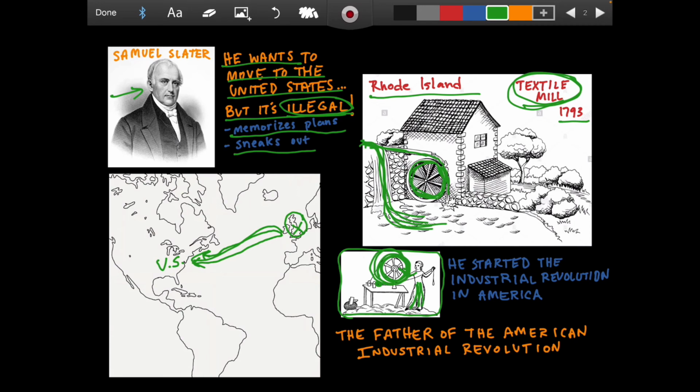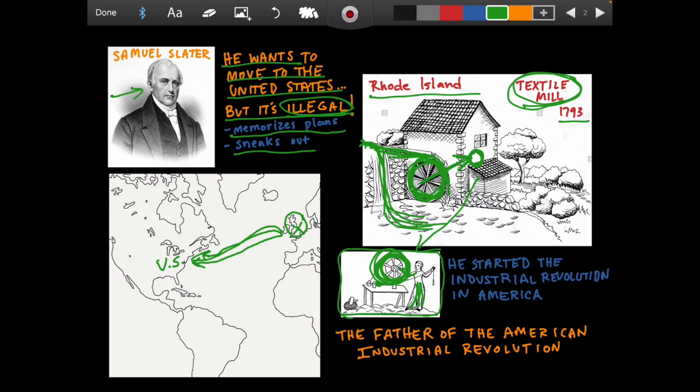So instead of a person turning a wheel, now the natural energy from the water is going to turn the wheel on the outside, which is going to turn another wheel on the inside of the building, which will actually spin the thread.